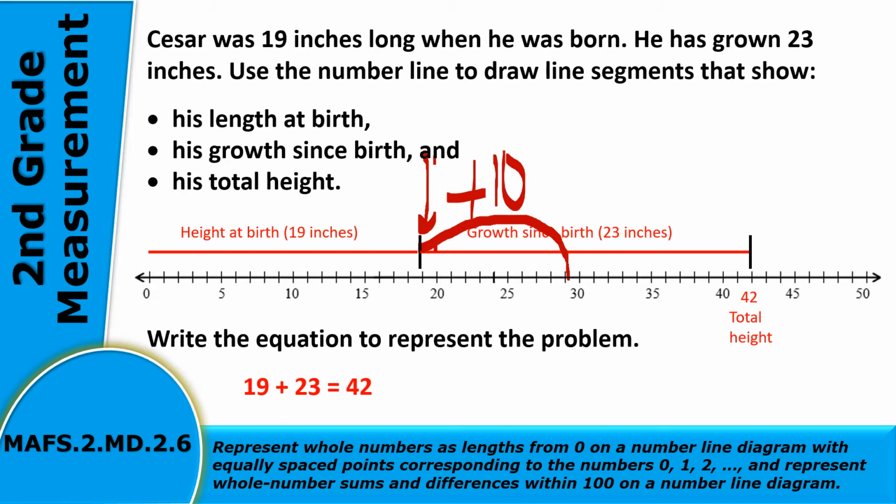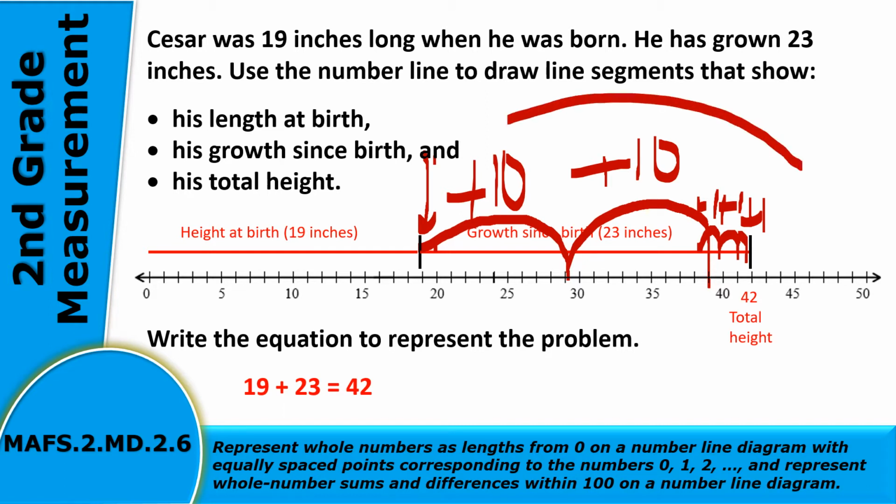Then we can jump 10 more. That will take us to 39. So far we've jumped 20 inches and we need to go 23. And then we can jump 3 more. 1, 2, 3. Plus 1, plus 1, plus 1. And that will take us to 42.